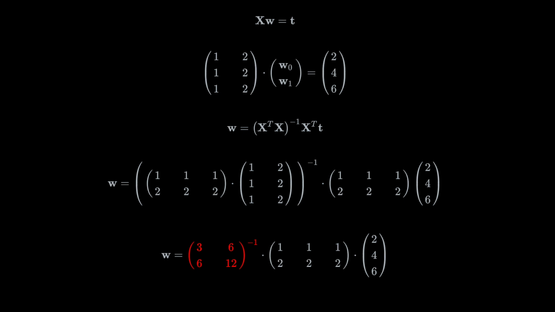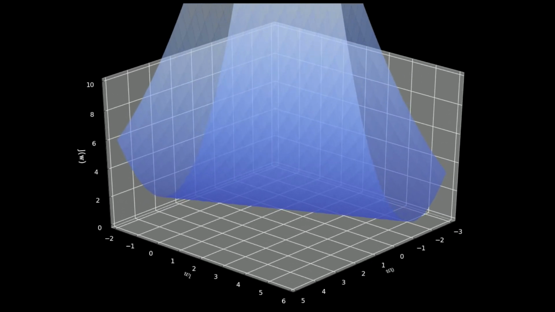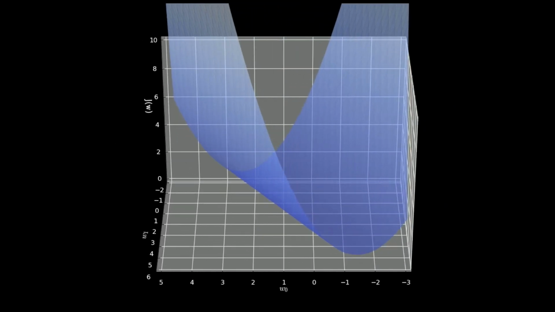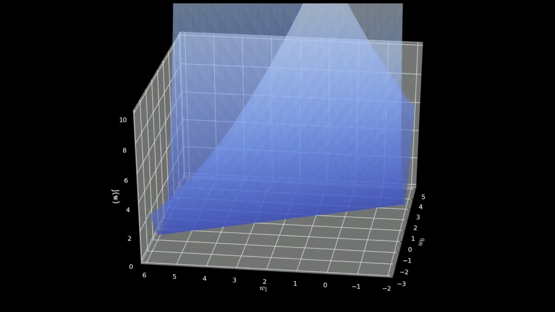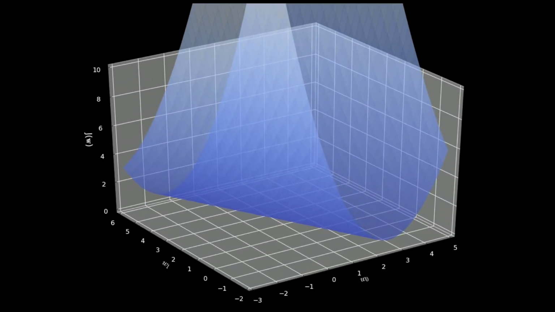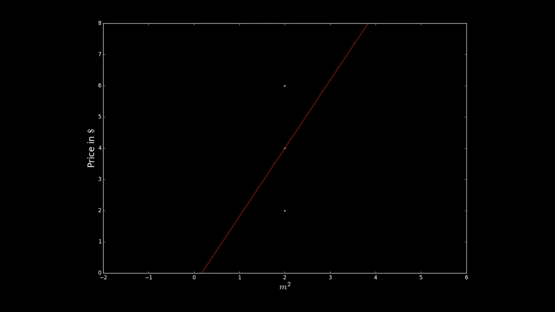As you can see here, we cannot invert X transposed X, since its determinant will be 0. By plotting the cost function J in the parameter space, we would obtain a sort of parabolic cylinder, whose minimum has infinite solutions that we can find by gradient-based techniques. Part of these solutions correspond to the following predictor lines.